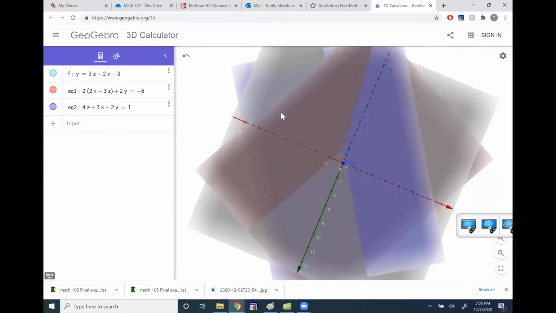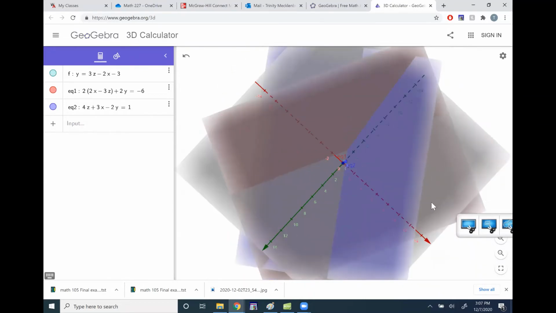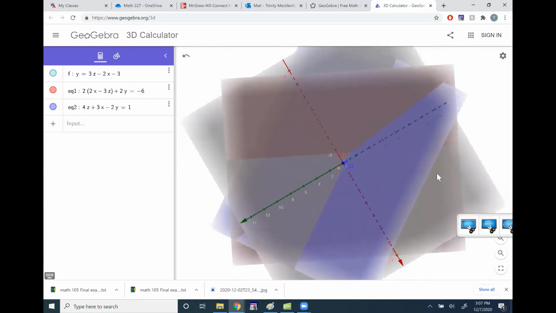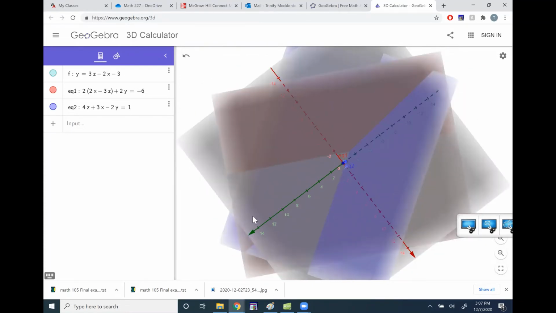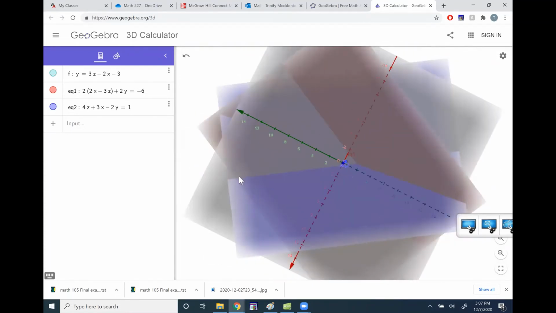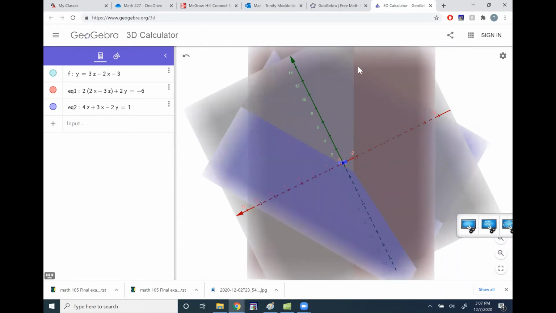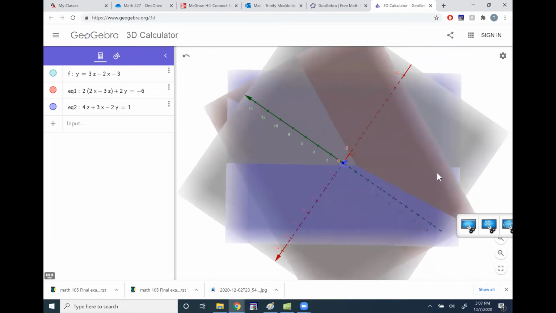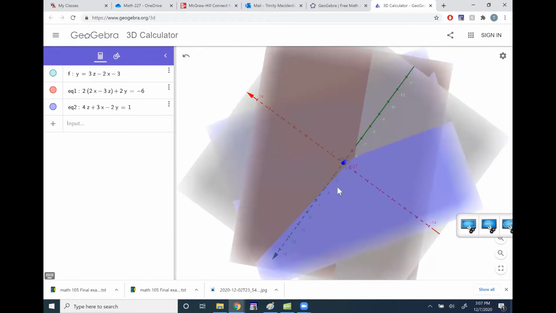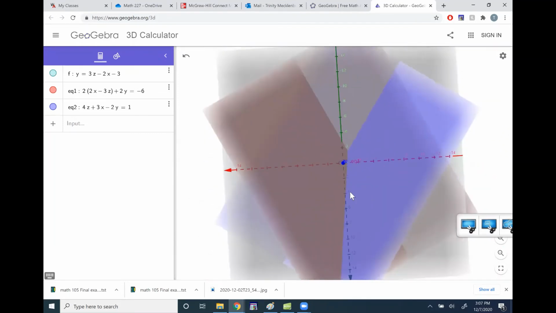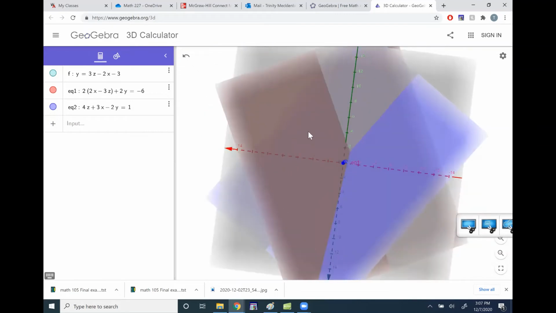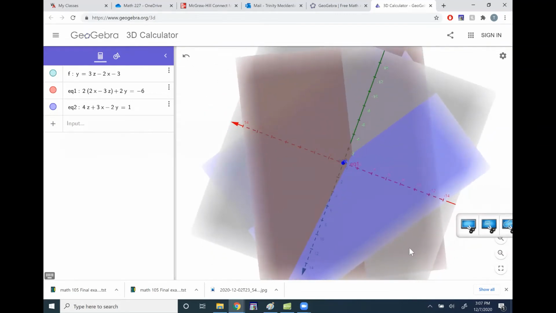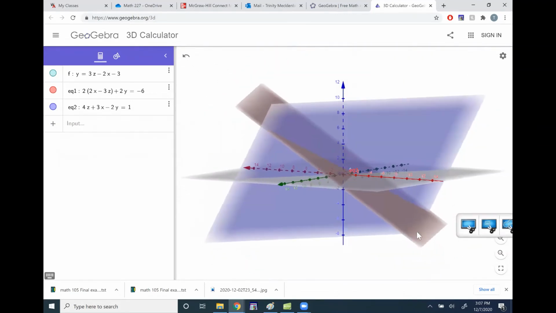Sorry when my computer gets behind a little bit. Sorry, you can tell I don't work with GeoGebra. It just looks like it's spinning. There, okay. And it's spinning when I'm not even touching it. That's interesting. There we go, okay.